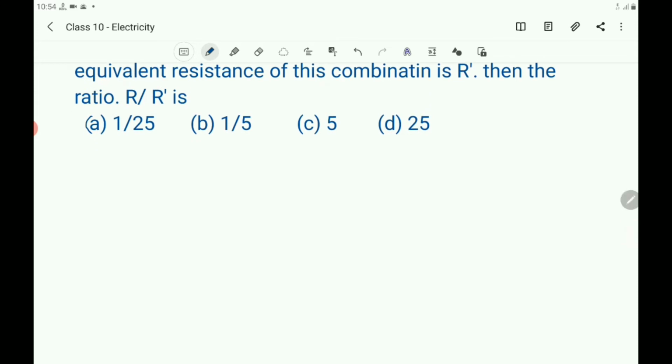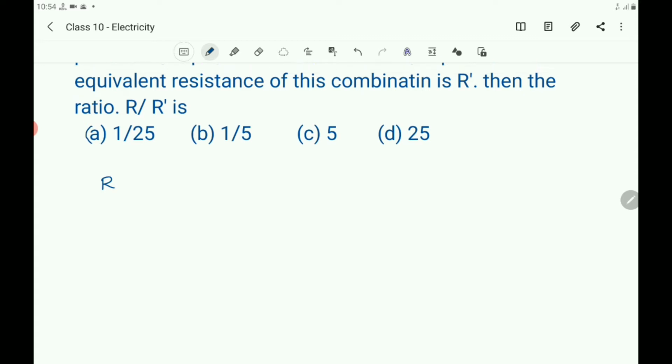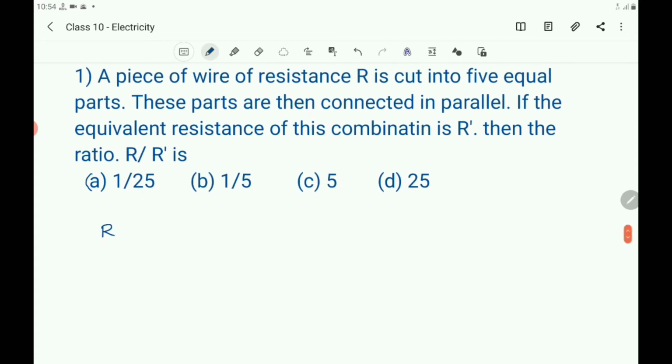Let us consider R is the given resistance and it is cut into 5 equal parts, and each will have R by 5 resistance.